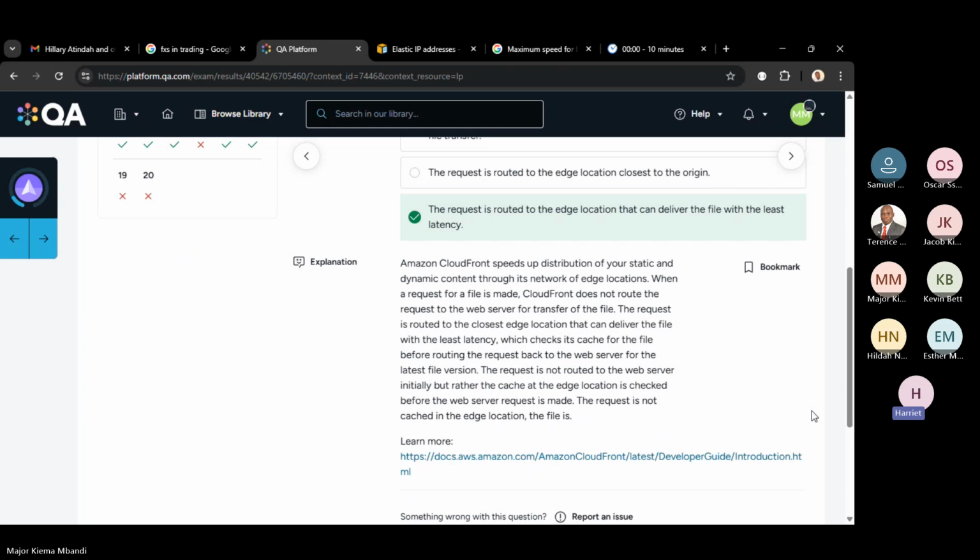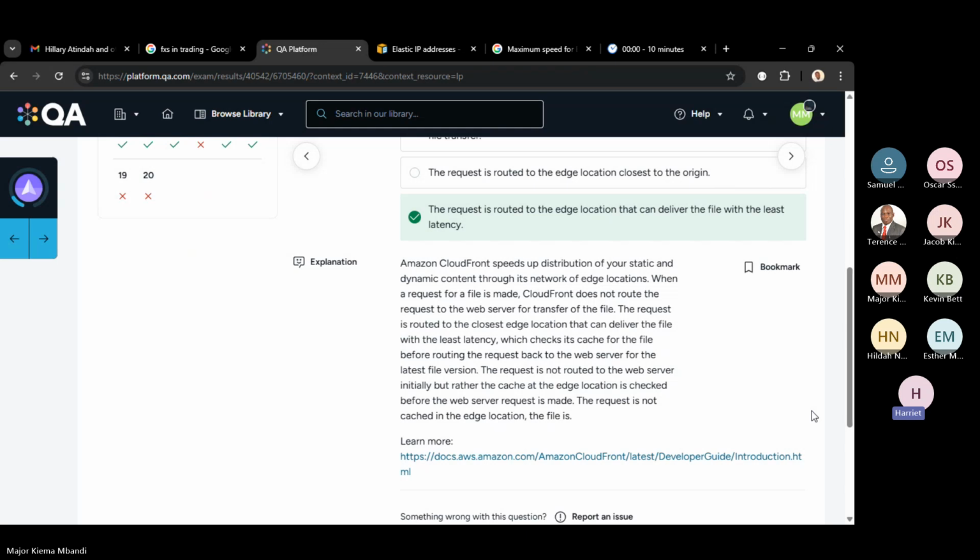Amazon CloudFront speeds up distribution of your static and dynamic content through its network of edge locations. When a request for a file is made, CloudFront does not route the request to the web server for transfer of the file.